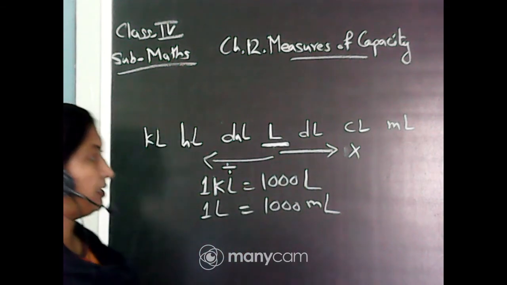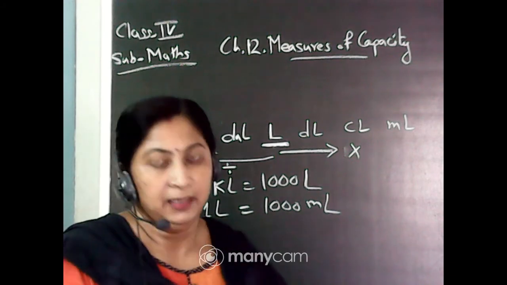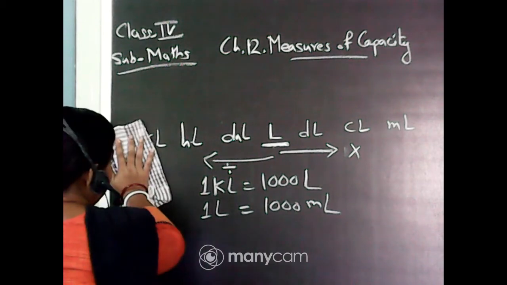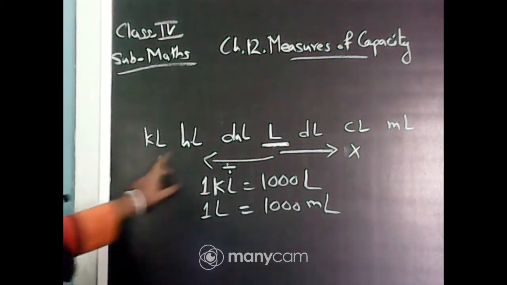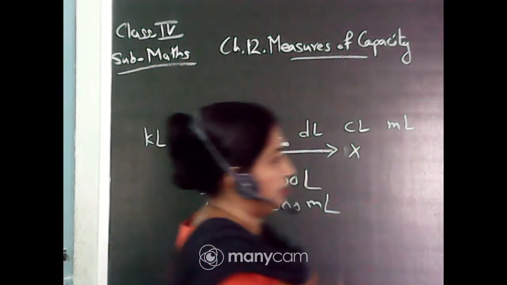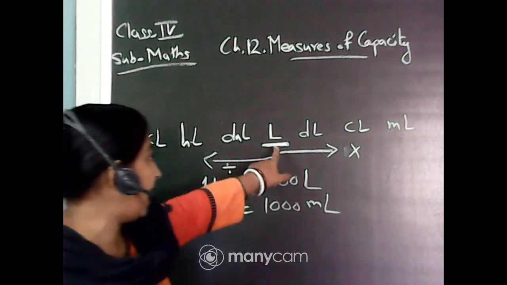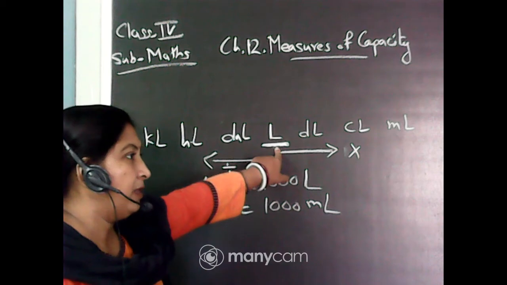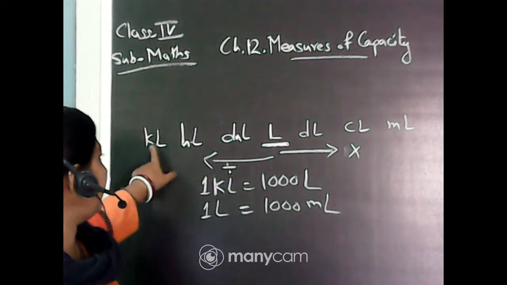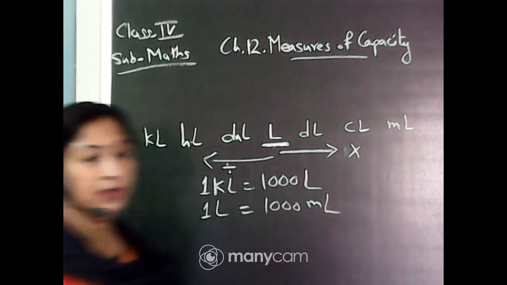This was the way you were memorizing the units. King Henry died, Miss Mary did not cry much. But here in place of meter it is liter. So you will deal with the liters, that means decaliter, then hectoliter, then kiloliter, and this side deciliter, centiliter, milliliter. Clear?